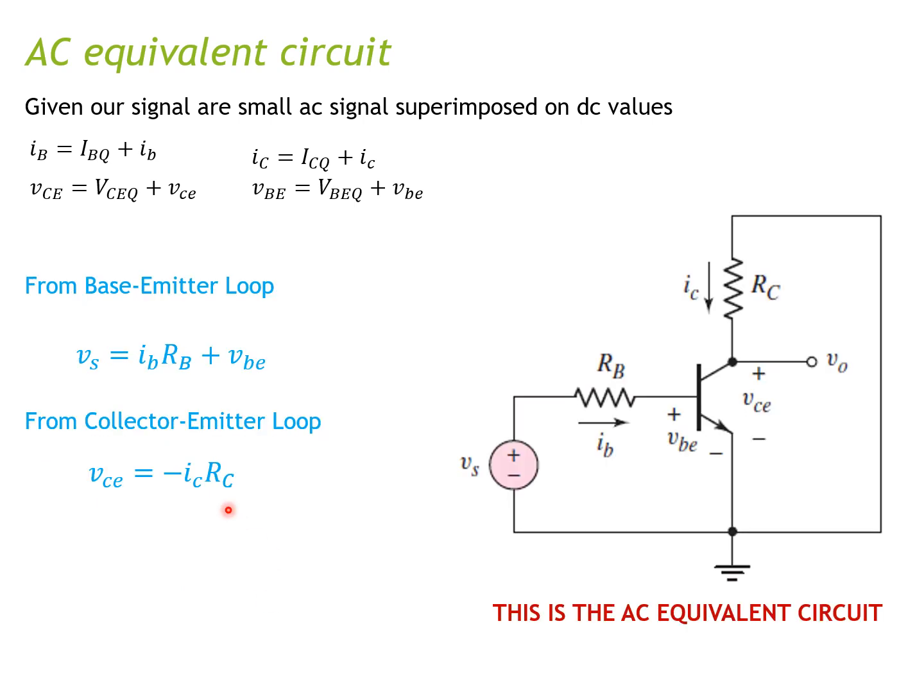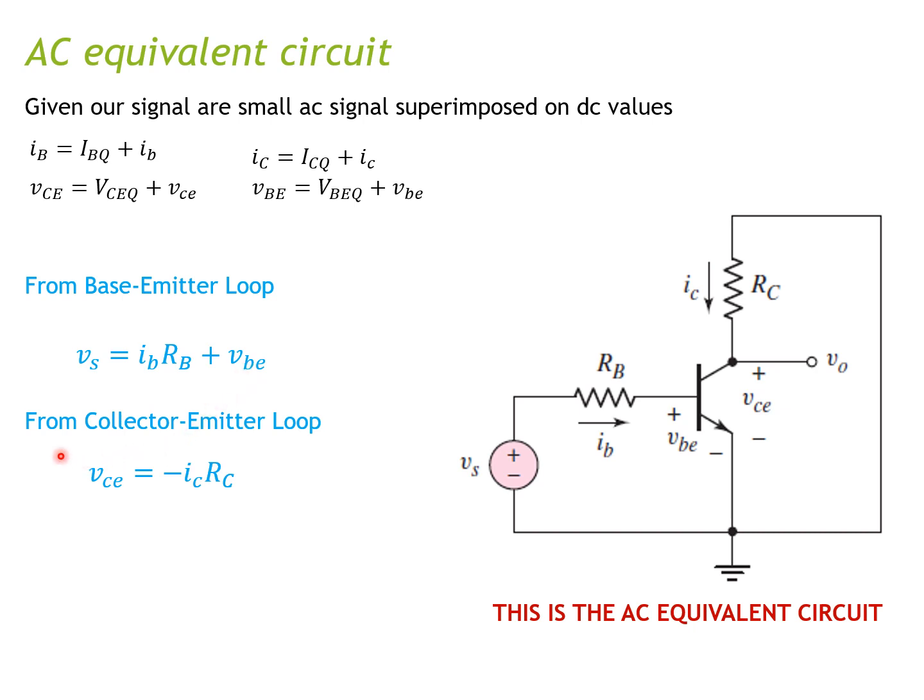So the main thing from those two analyses is that when you work with the base-emitter loop, you have an equation relating the AC signal voltage, the AC component of the base current, and the base-emitter voltage.